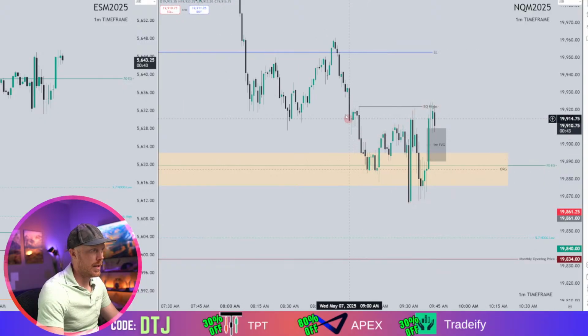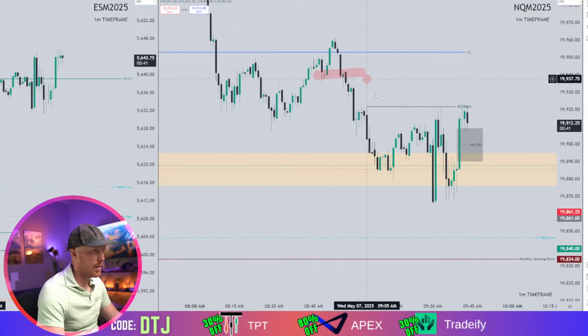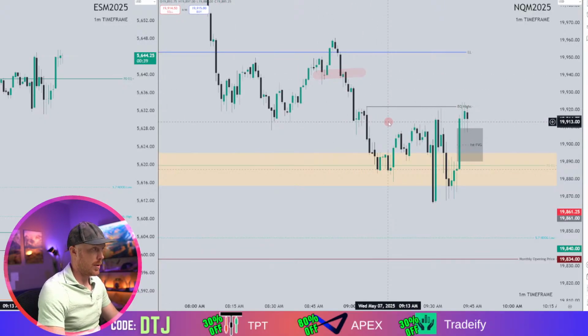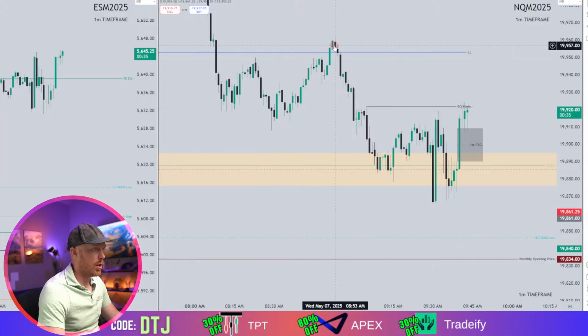I mean, it would have been nice to be in a trade right here. That would have been really nice. Getting long or short at 9 a.m. right here. Look at that breaker. This is what I'm talking about, clean, folks. Look how clean that is. I mean, we could go to this right here. We could even go there. Look at that.